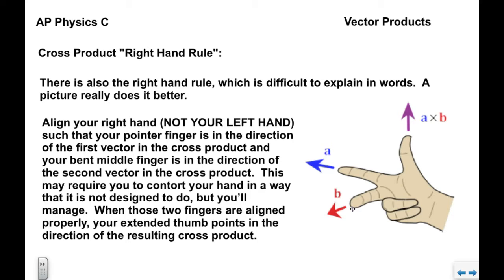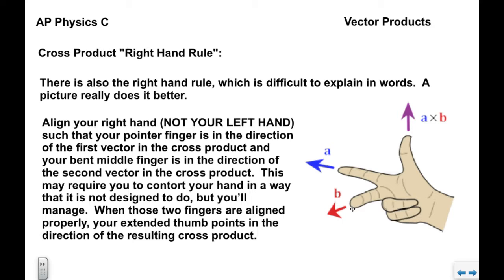You may need to contort your hand in a way that it's not supposed to do, but you'll find a way to manage. When the two fingers are aligned properly, A and B, so your pointer finger and your middle finger, then your thumb, when it's extended, will point in the direction of the resulting cross product.